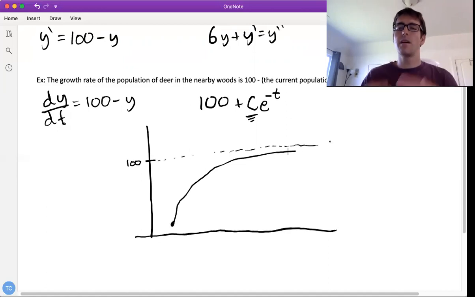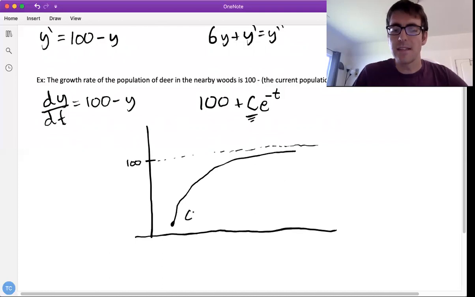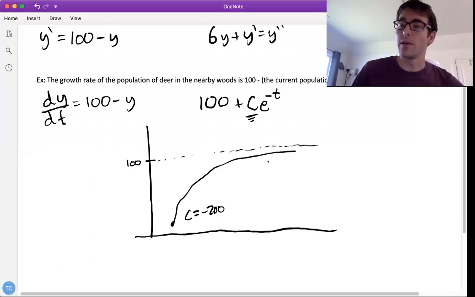In other words, because the carrying capacity of the forest, or the maximum number of deer that the forest can sustain, is 100, the population is going to be approaching this 100 number, but never quite actually getting there. This actually comes from a c of something negative, so let's say c is negative 200. The different c's are really just different ways of specifying which particular curve we want to talk about.